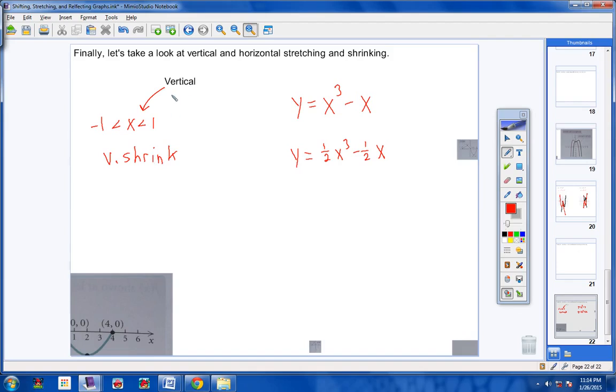But when you're dealing with vertical stretches and shrinks, whenever the number is greater than -1 and less than 1, it is a vertical shrink. You have a vertical stretch when the absolute value is greater than 1. Now, I think it would be helpful if I tied all this up for you.